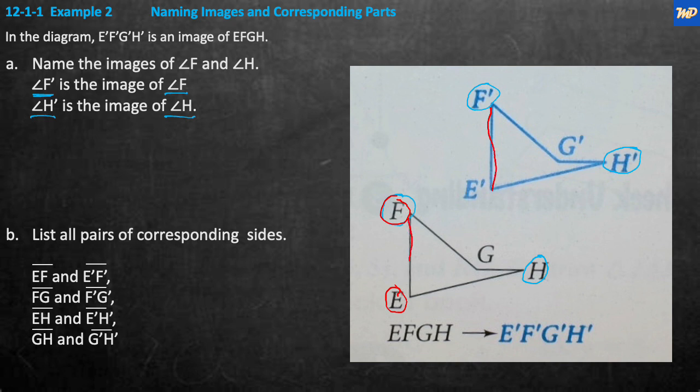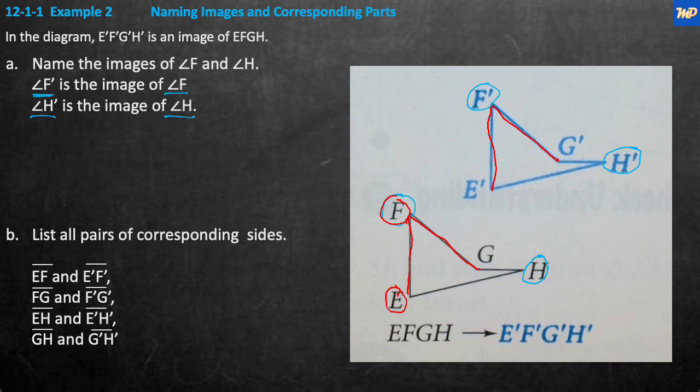So EF is the pre-image, E prime, F prime is the image. FG and F prime, G prime. FG goes down this side. FG is the pre-image. F prime, G prime is the image.